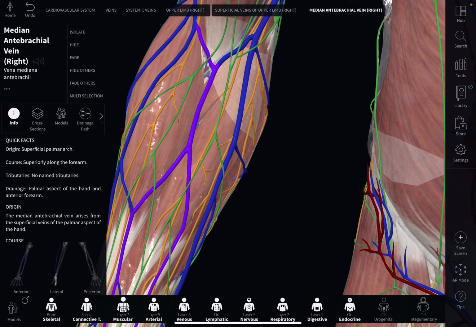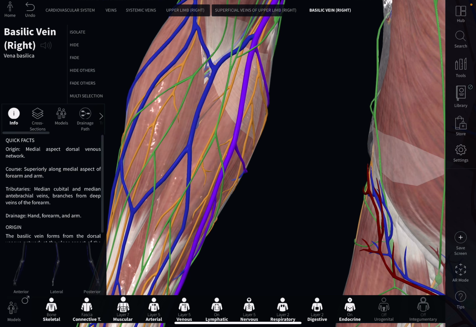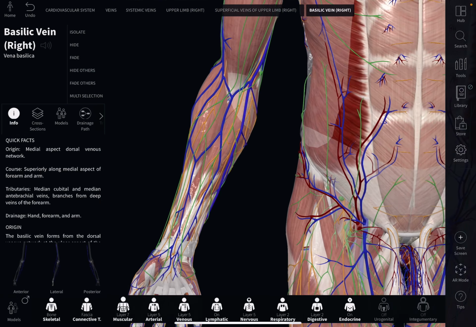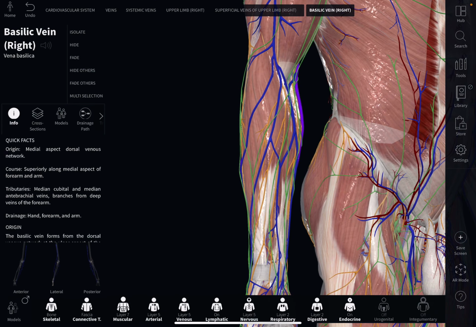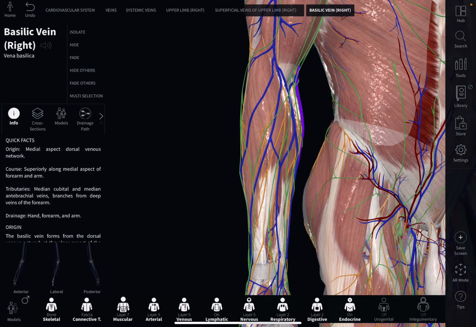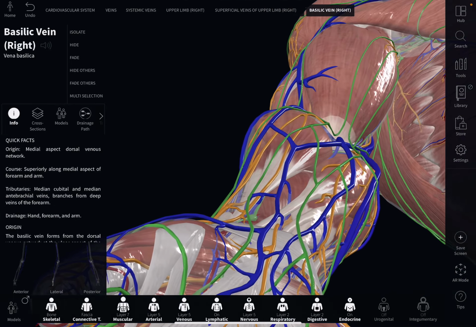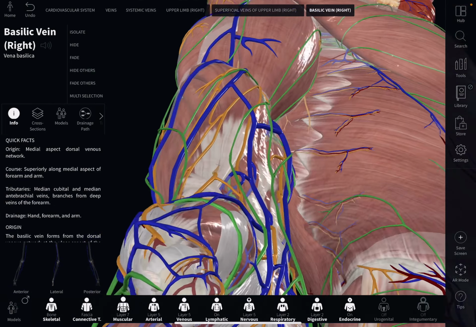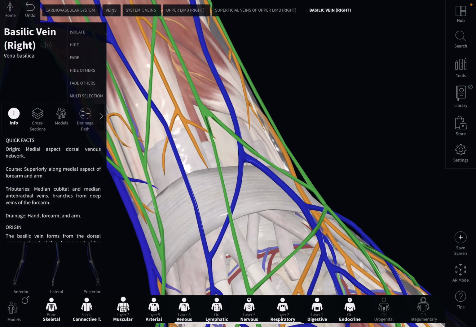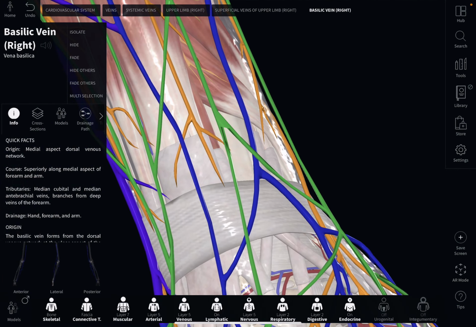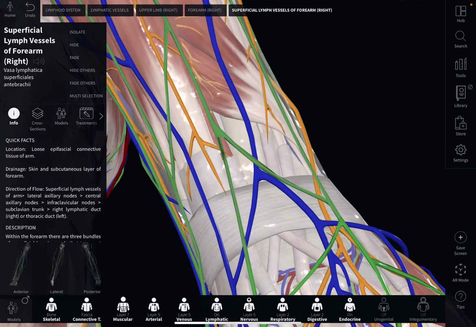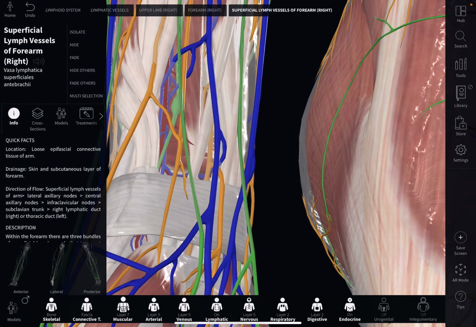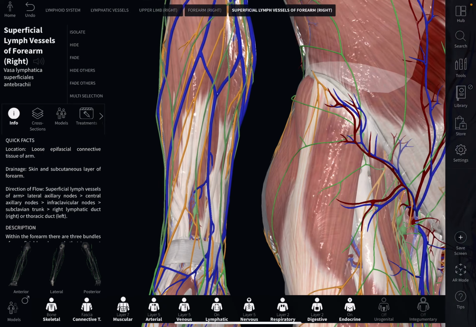We have the basilic vein along the medial side of the forearm, along the little finger side, and along the thumb side we have the cephalic vein. These two veins begin on the dorsum of the hand from the dorsal venous arch. And the ones in green color are the lymphatics going from the hand towards the axilla.